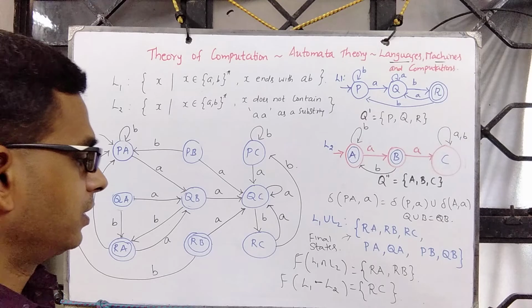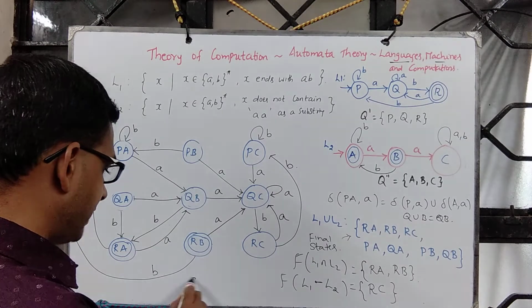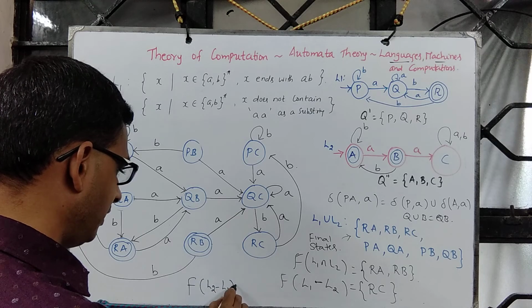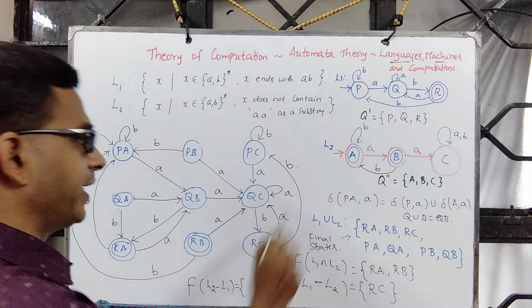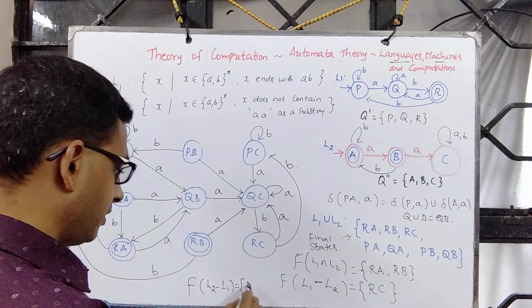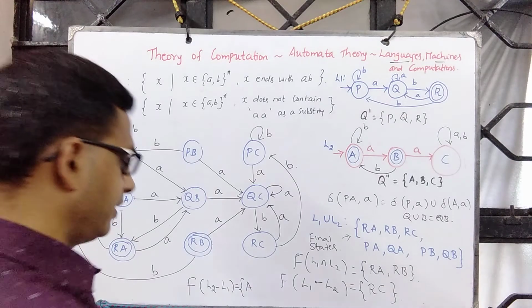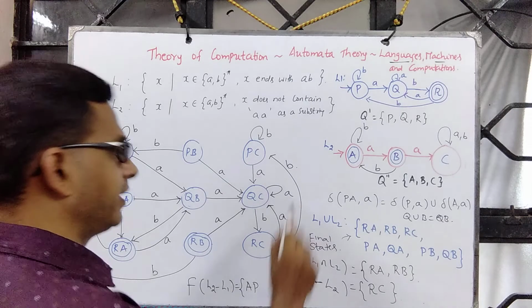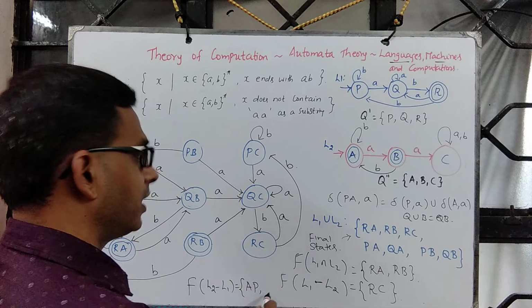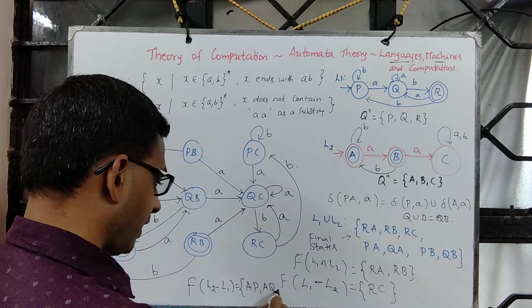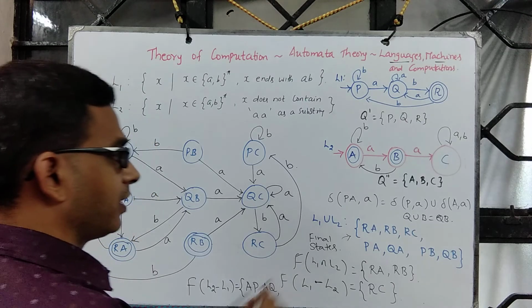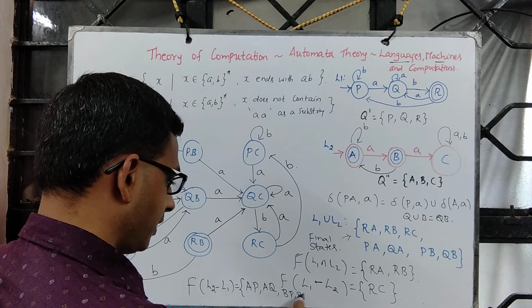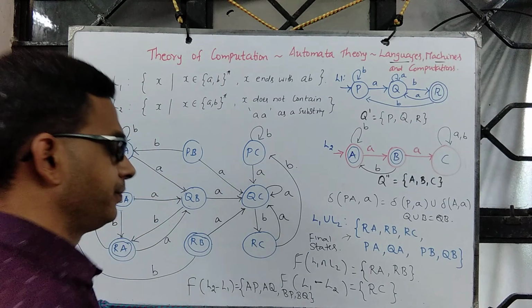Correct? And similarly, final states of L2 minus L1, accepted by the automaton and rejected by the first one. So it is either AP or PA, doesn't matter. And AQ. Similarly, it is BP, comma BQ.